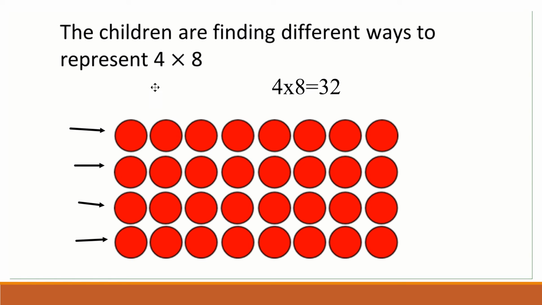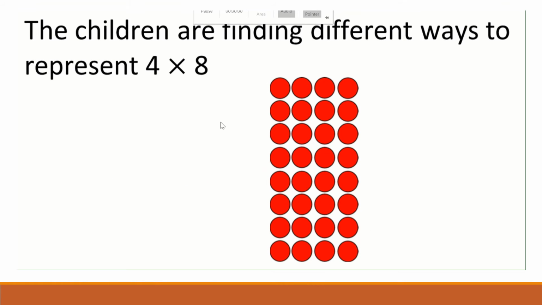We could also change it to 8 columns as well, couldn't we? 8 groups with 4 in each group. So well done. Now let's look at the second example. We still have an array. This time we have 1, 2, 3, 4, 5, 6, 7, 8 rows, and there are 4 in each row.